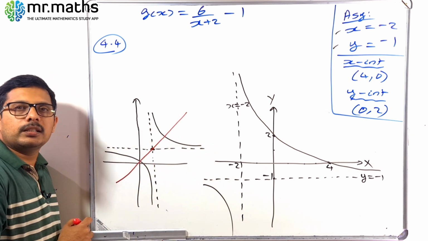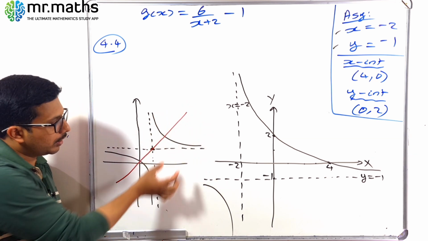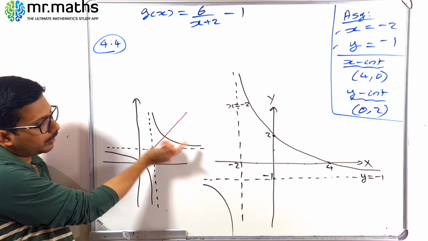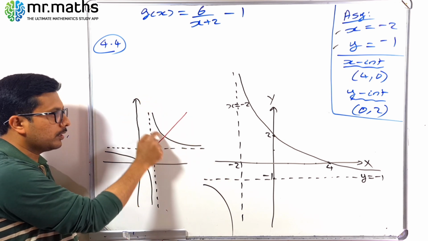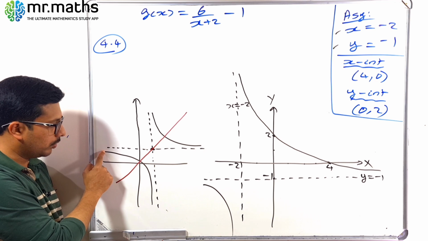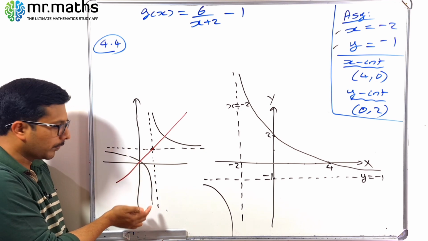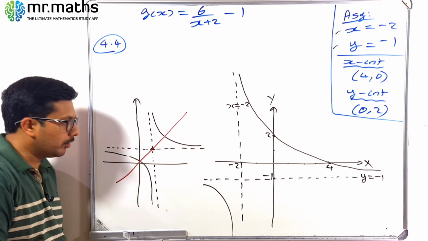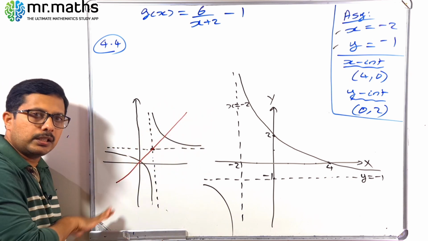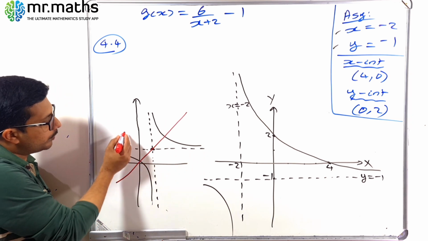Why is it called a line of symmetry? You can see that if I put a mirror here, I can see the image of this one on that mirror like this. Same applies here also. The image of this one is here on this side. So this is the line of symmetry having positive gradient. Here you can see that this straight line is increasing, so positive gradient. Okay, and the second line of symmetry is this one.